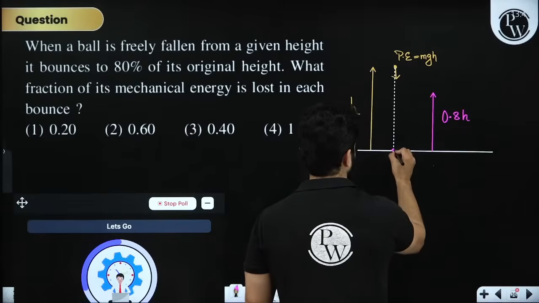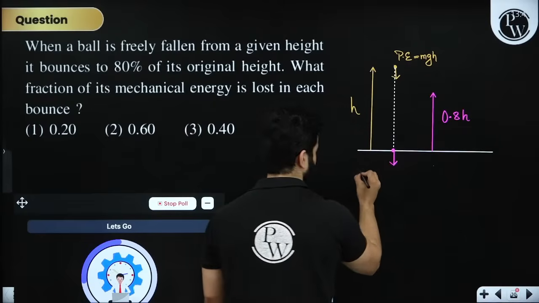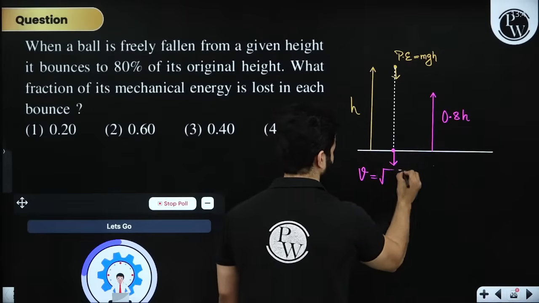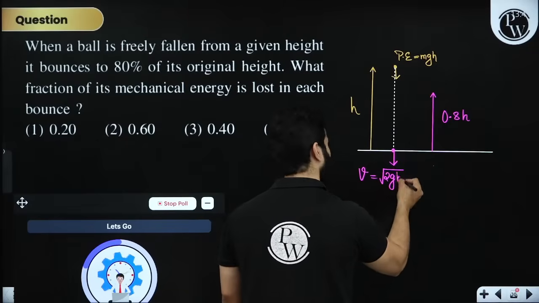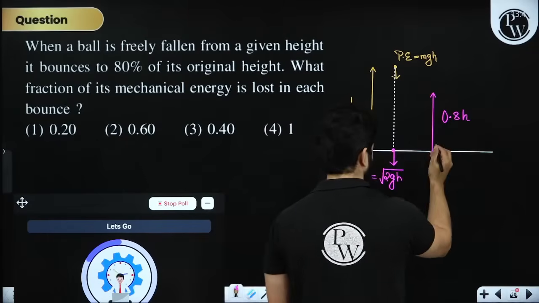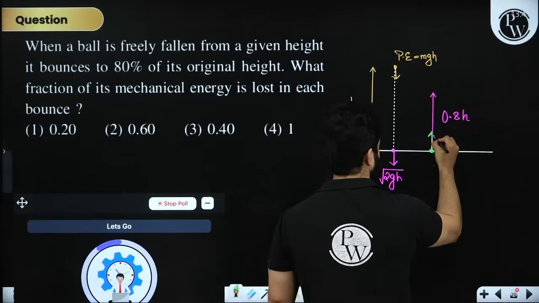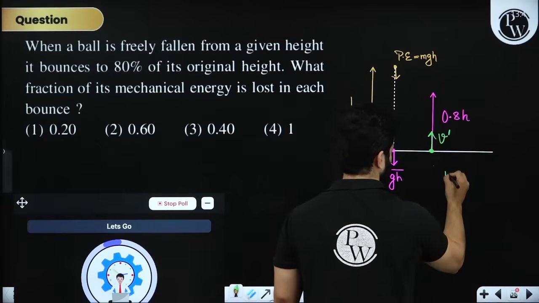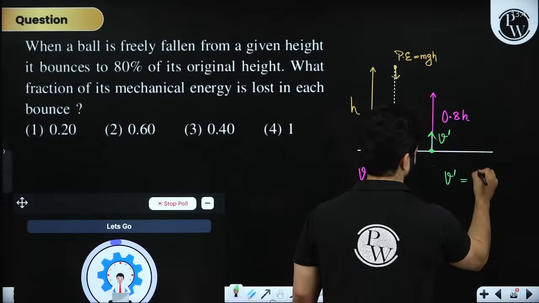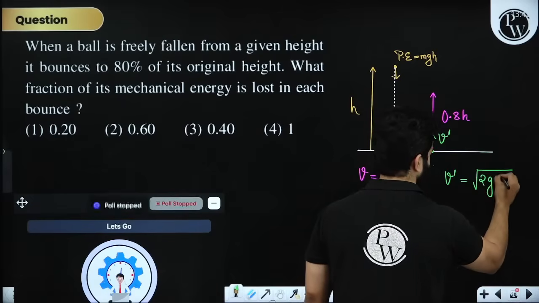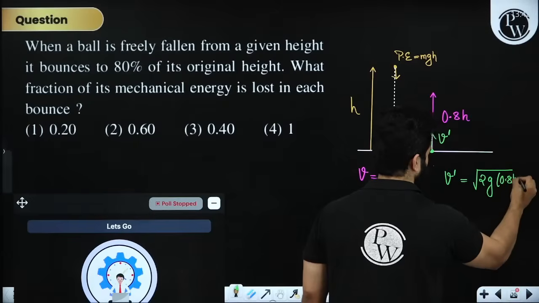Clear? So dosto, this velocity is going to be under root 2gh. We don't have to worry about this. Let me tell you why. And this is, let's say, v dash. So v dash will be under root of 2g into 0.8 into h.